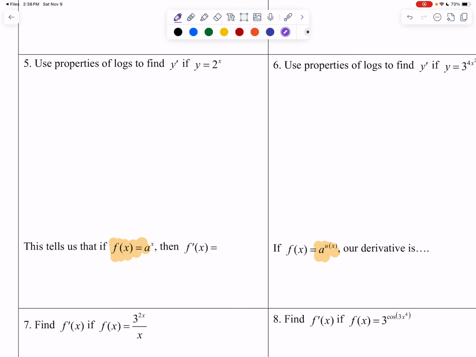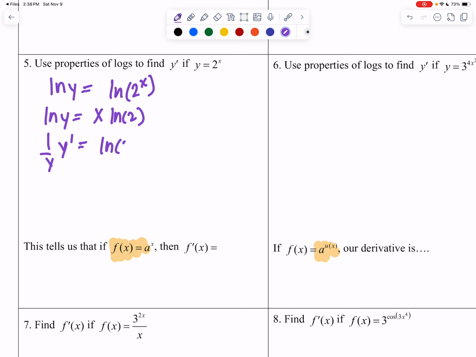So for number 5, we are going to have ln of y is equal to ln of 2 to the x. Ln of y is equal to x ln of 2. And then we are going to take the derivative. So 1 over y, y prime is equal to ln of 2.